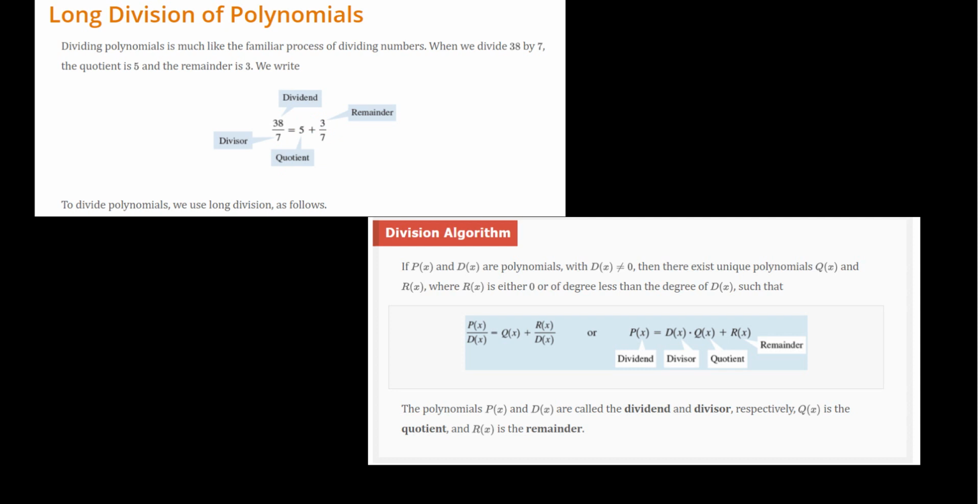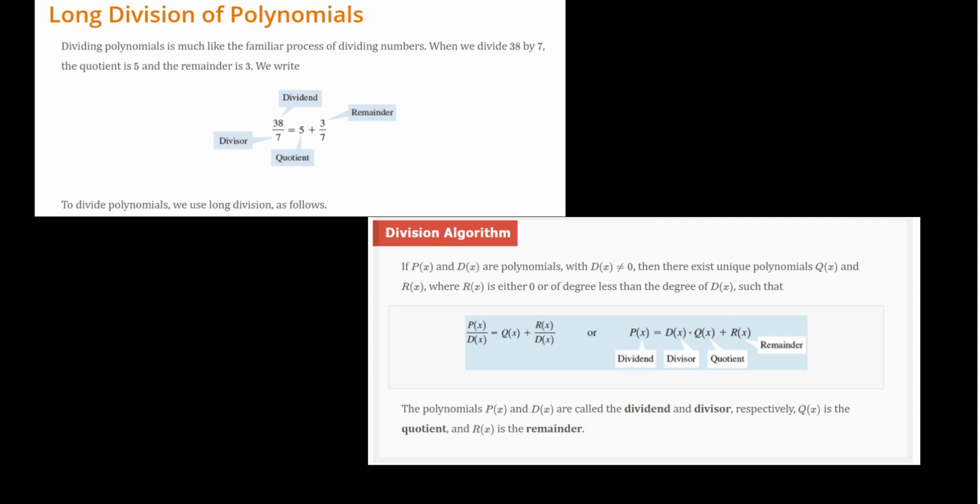If p of x and d of x are polynomials with d of x not equal to 0, then there exist unique polynomials q of x and r of x, quotient and remainder, where r of x is either 0, that would be a remainder of 0, or of degree less than the degree of the divisor, such that this holds.